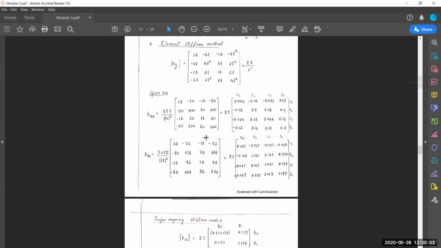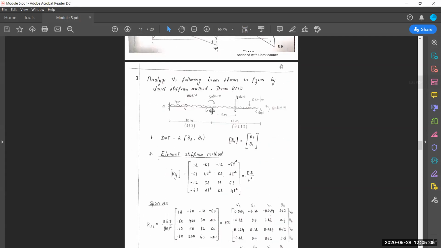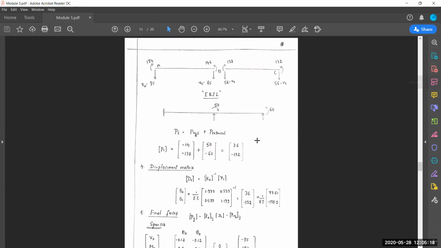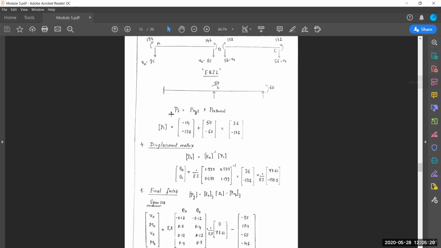Go back to your problem. Some moments are already given in the question. Can you see here this 50 and 60? These will be P external. Externally, some moments are given. So consider those moments also here. While calculating PS, we have the formula P EQJL plus P external. P EQJL means, based on DS, we have to write.